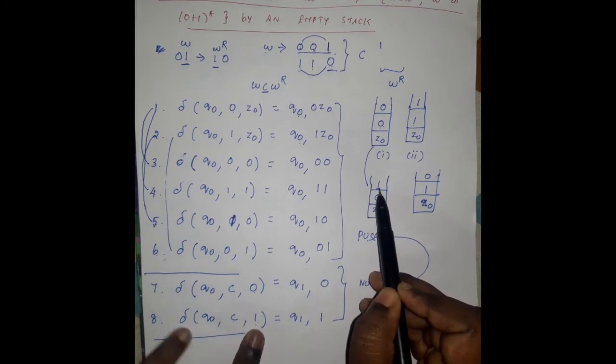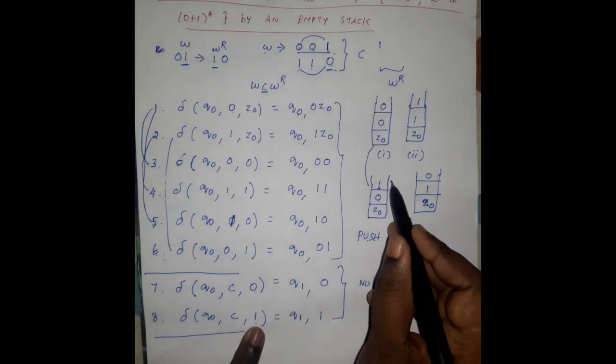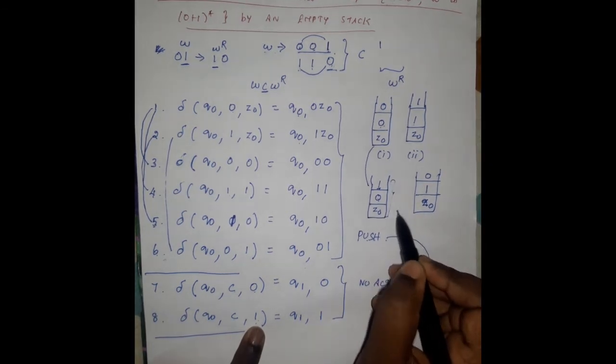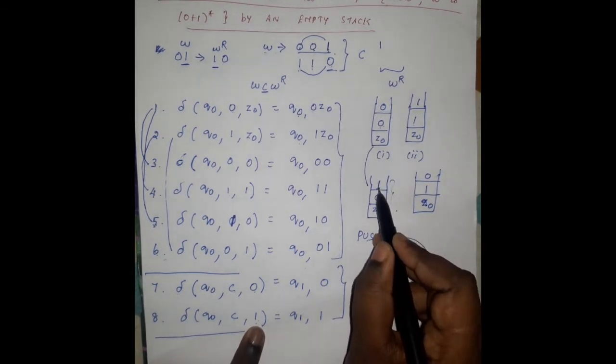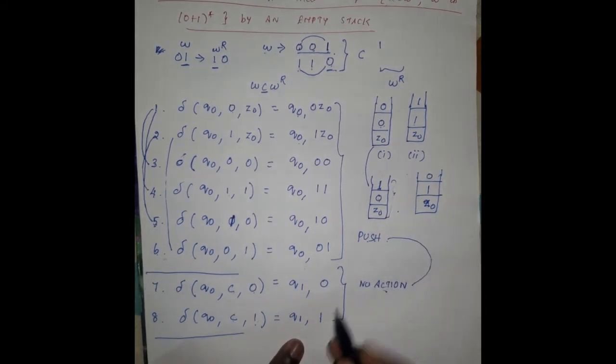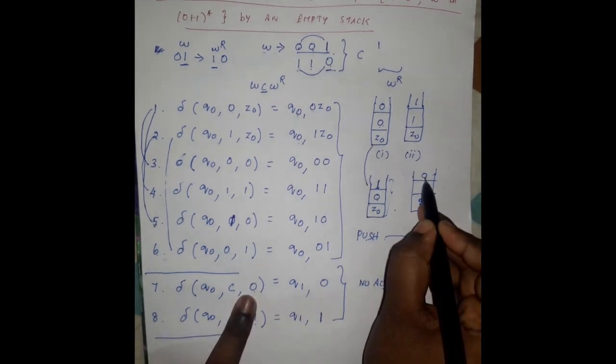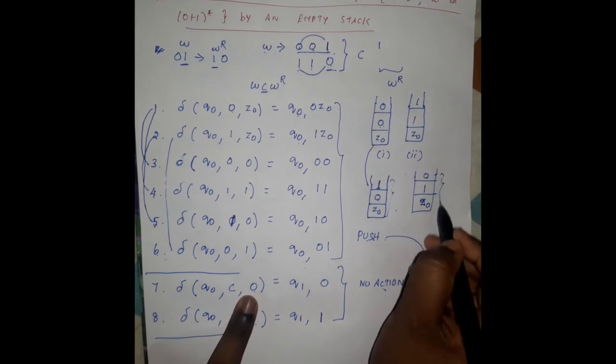And it goes from state Q0 to Q1. But for the separator symbol no action is performed on the stack, meaning no push operation is performed for 1. So by default the stack element is 1, that's why the symbol written is 1. In case you are considering 0 as the top of the stack element, no operation is performed for the separator symbol C.